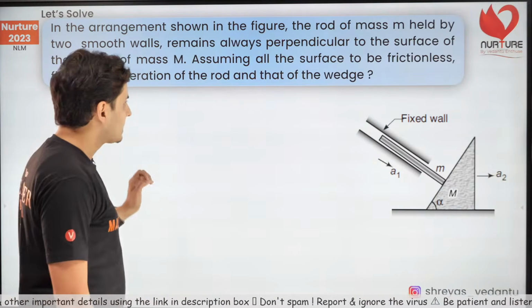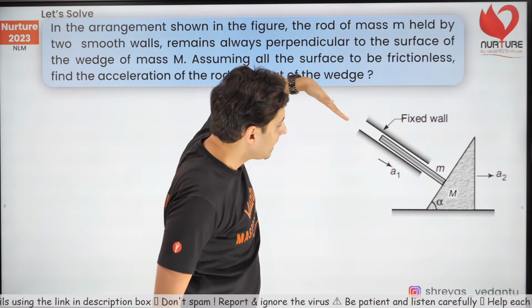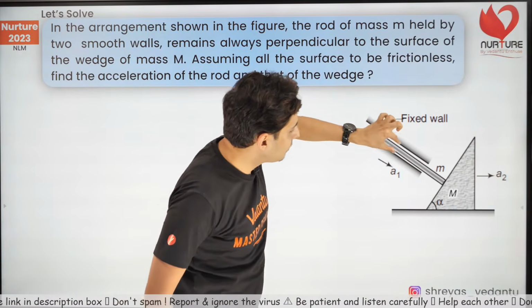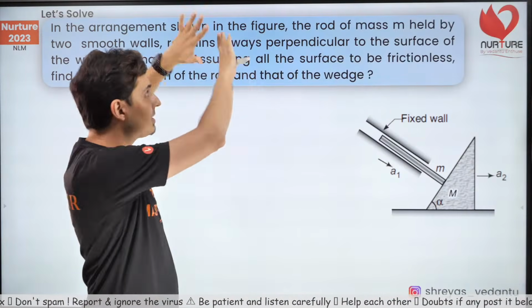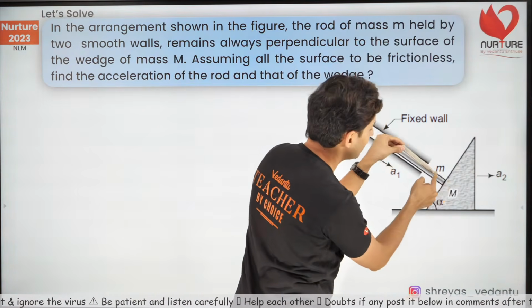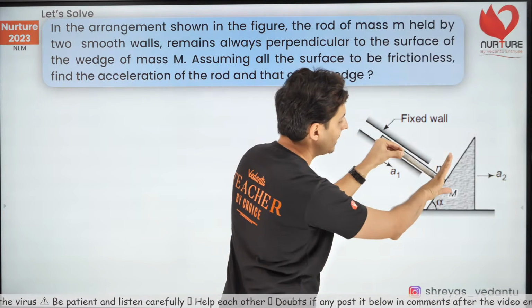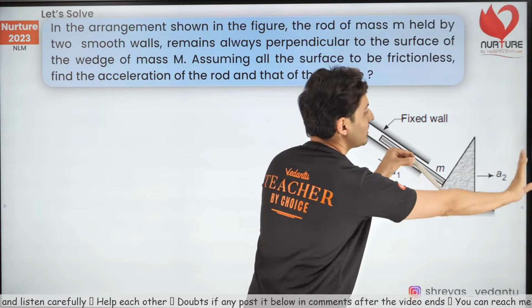Okay, observe this. There is a rod which can slide freely, and because of its weight, visualize guys, try to simulate it in your mind. So this rod will slide down like this. As it slides down, it will push that wedge. This wedge is also having some mass, so that wedge will move there.